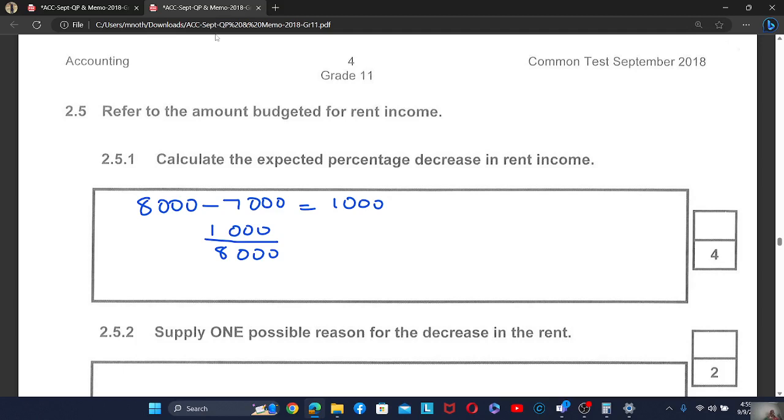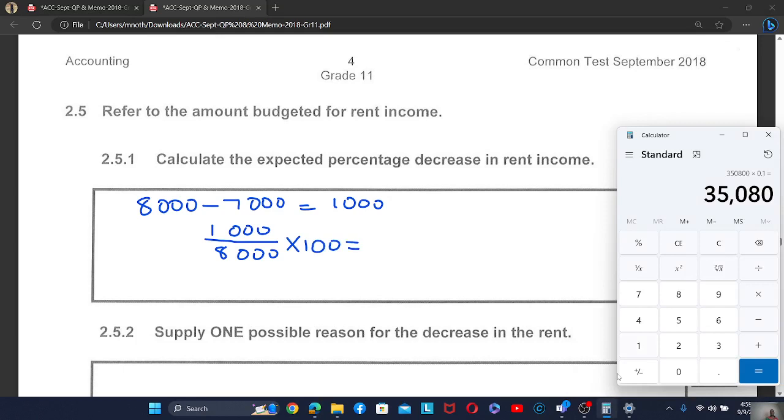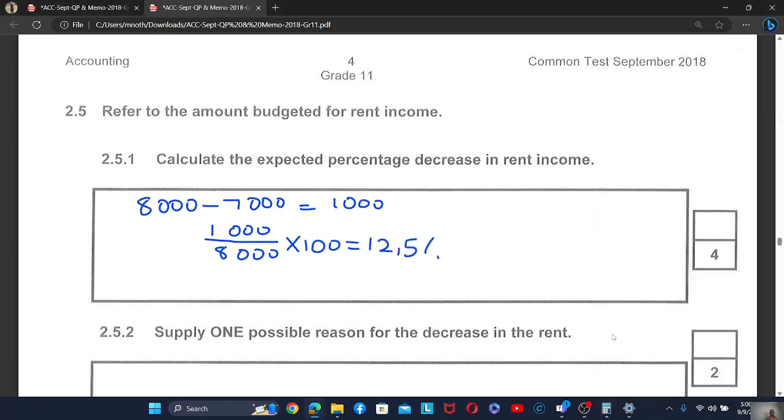So we want to know by how much percentage it decreased. You take the initial amount. We want the percentage, so we must multiply by 100%. How much is that? It's 12.5%. That is the percentage decrease. So it decreased by this percentage.